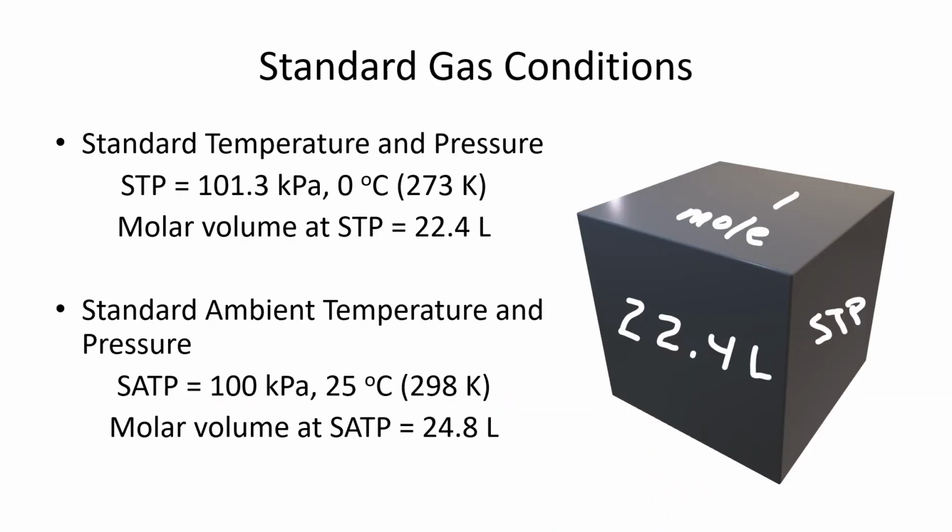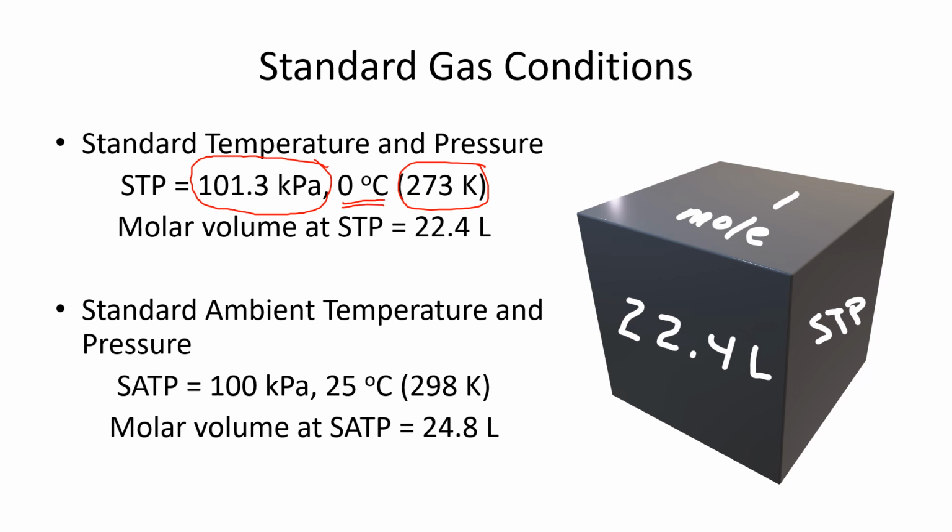Lastly, now that we understand the measurements for temperature and pressure, we can have a look back at those conditions. 101.3 kilopascals is standard pressure of our atmosphere here on planet Earth at sea level. And 273 is the Kelvin measurement for 0 Celsius.